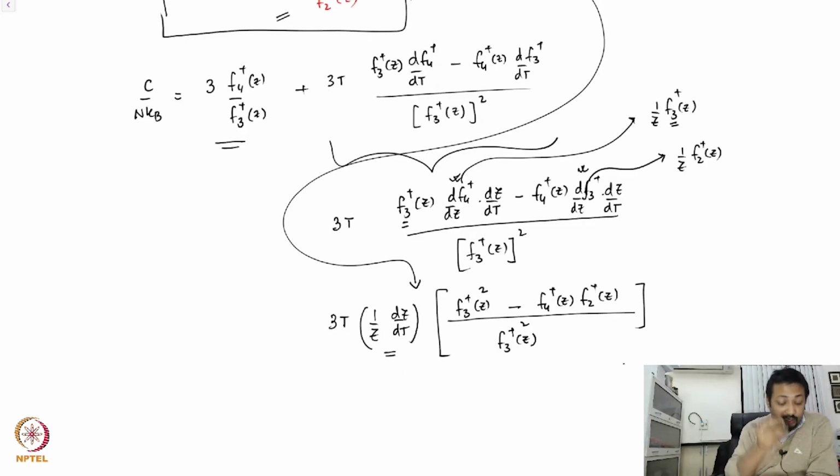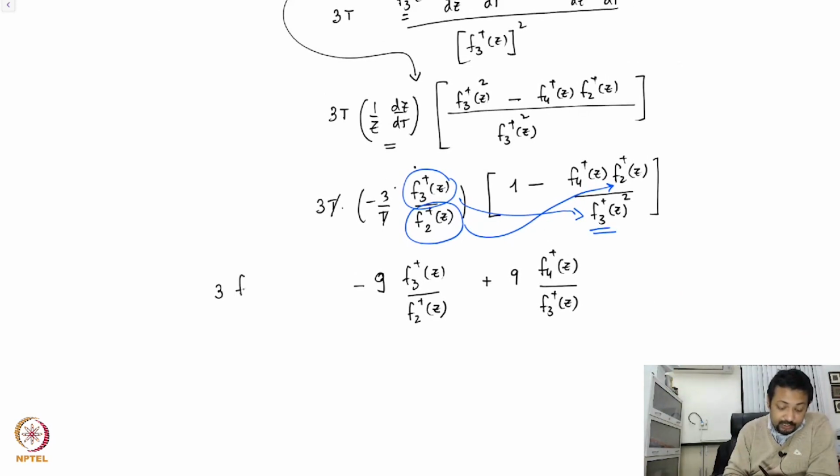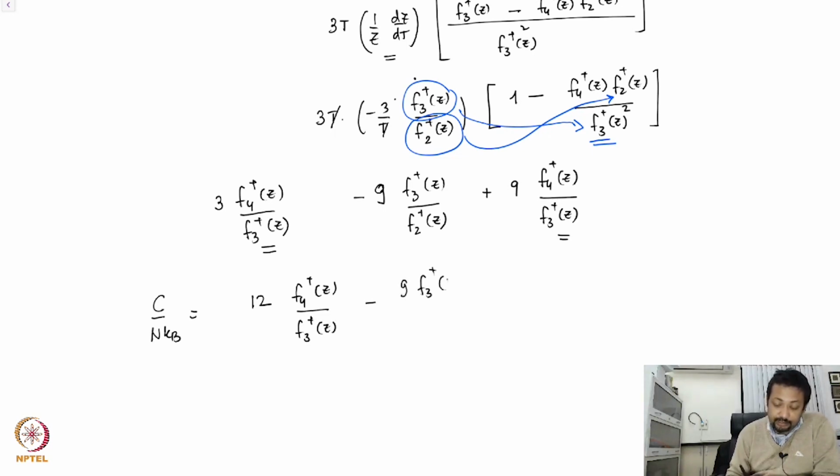Now look at it carefully and see. Let's add the first term. The first term is 3 f4+(z) divided by f3+(z), so this and this are the same form. Therefore the specific heat now becomes 9 plus 3 is 12 f4+(z) divided by f3+(z), minus 9 f3+(z) divided by f2+(z).